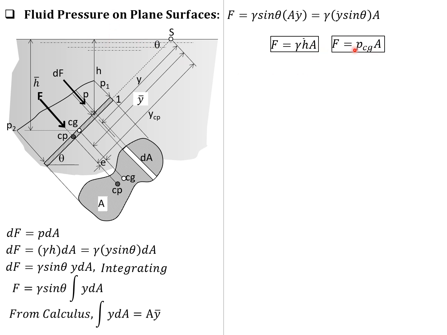And the other one is applicable to any situation, especially if the surface is under layers of different liquids, or the surface of the uppermost liquid is subjected to certain pressure.